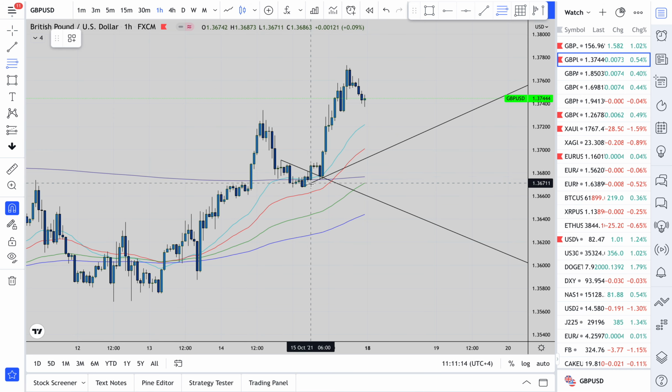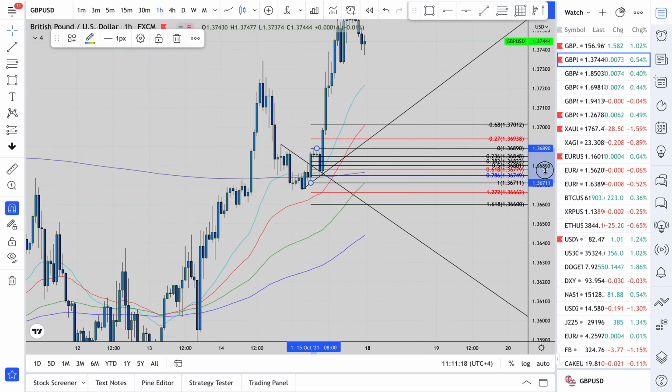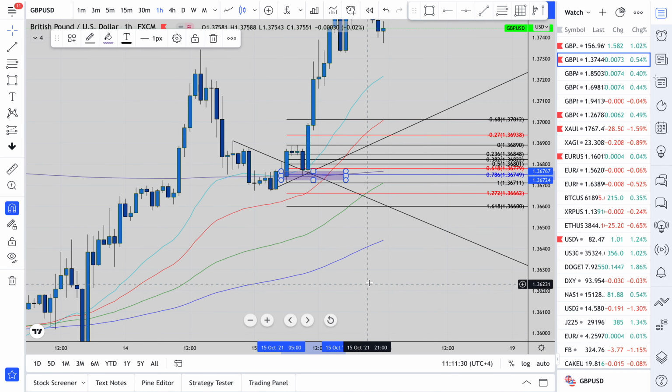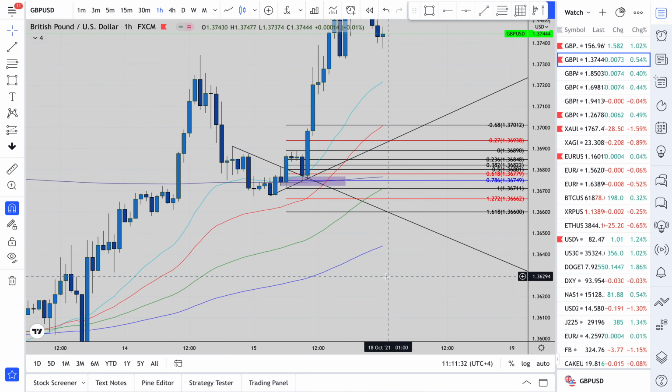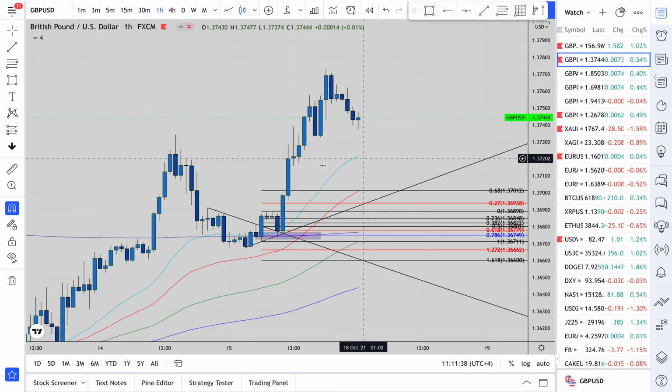And then I put my fib tool over here, and I see that the 786 matches with the trend line, almost with the EMA. And then I look for an order block, and I have one here. EMAs are very strong, guys, but you have to mix and match them with other confluences, and if it matches, then most of the time it's gonna work.